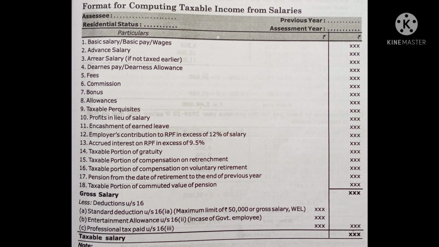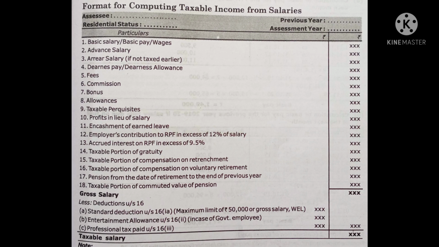First one, standard deduction under section 16, maximum limit of 50,000 or gross salary, whichever is less. So you have to take the maximum limit 50,000 and the gross salary which you got earlier. You have to compare these two, and whichever is less, that we have to take.